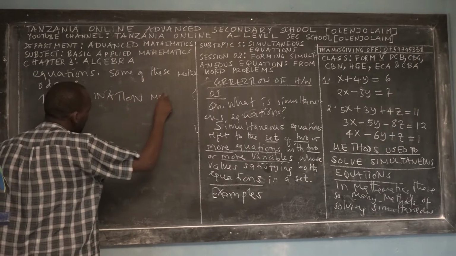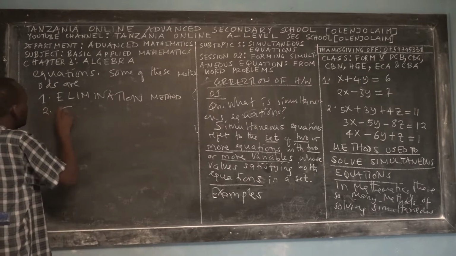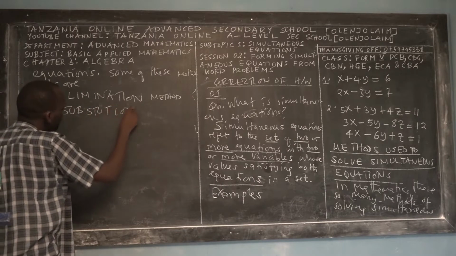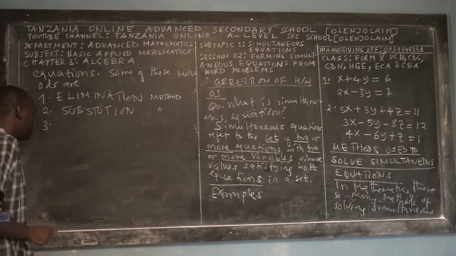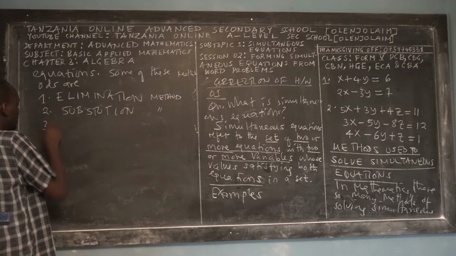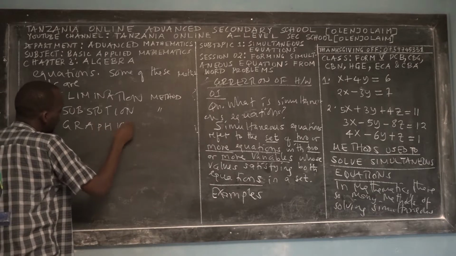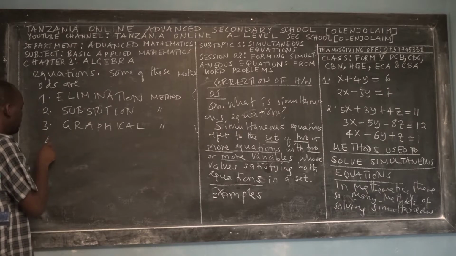So we have the elimination method. The second one is substitution. You learned these 2 methods during your formal education. If you forgot, don't worry. The third method is graphical, which you also learned in your formal education.